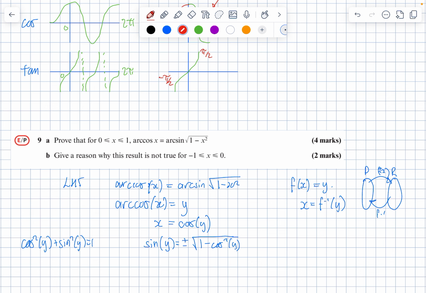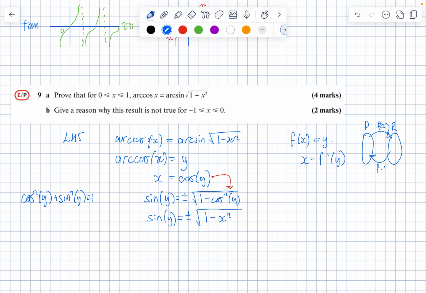And we already defined cos of y as x. So that means we can say that sine of y is equal to plus or minus the square root of 1 minus x squared.